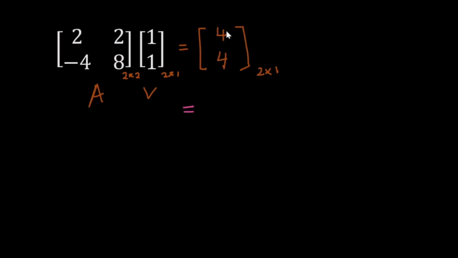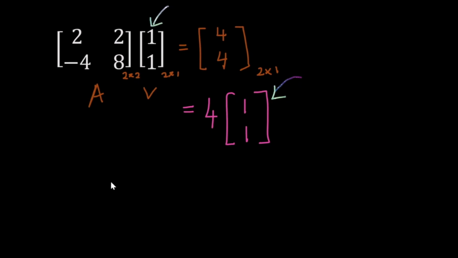However, this vector could also be written as 4 multiplied by 1, 1, where this vector is actually vector V, right?